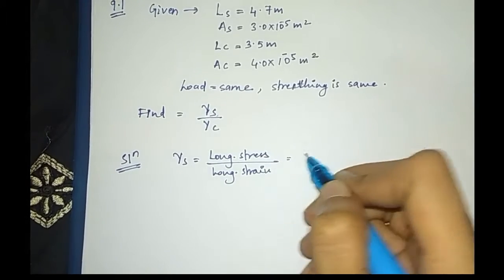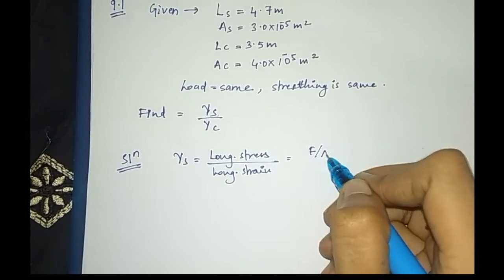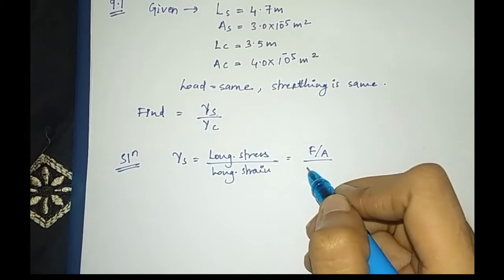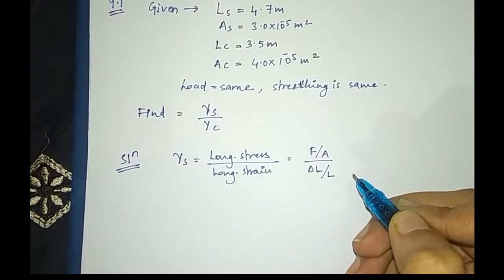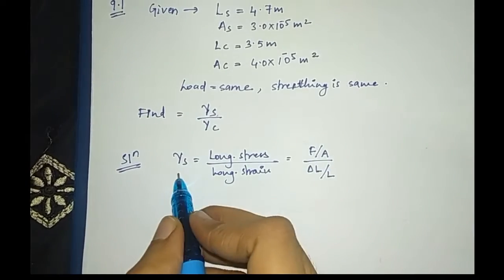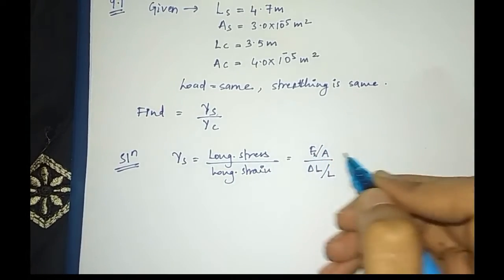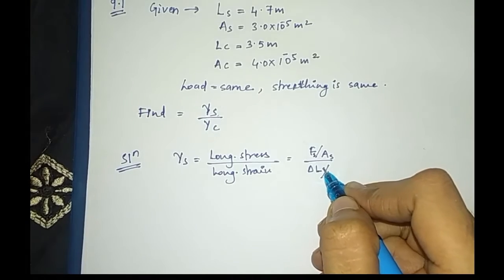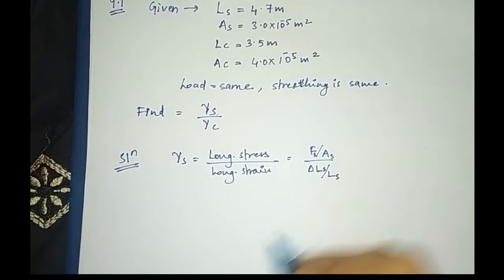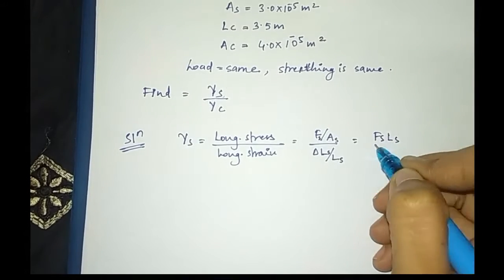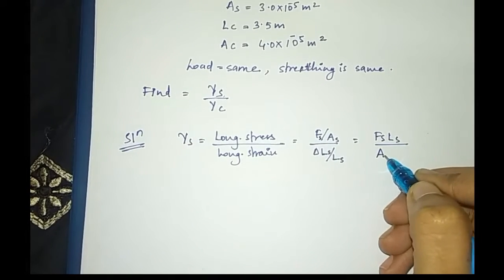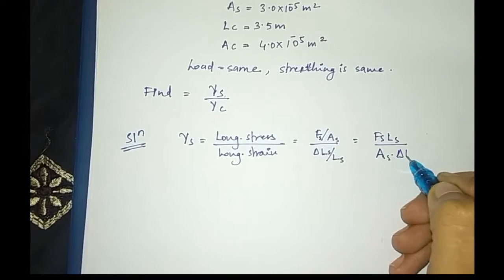Stress can be written as force by area, and strain is delta L, the change in length, divided by the original length. So for steel, force on steel, area of steel, delta L of steel and length of steel. So this is force into length of steel upon area of steel into elongation of the steel wire.